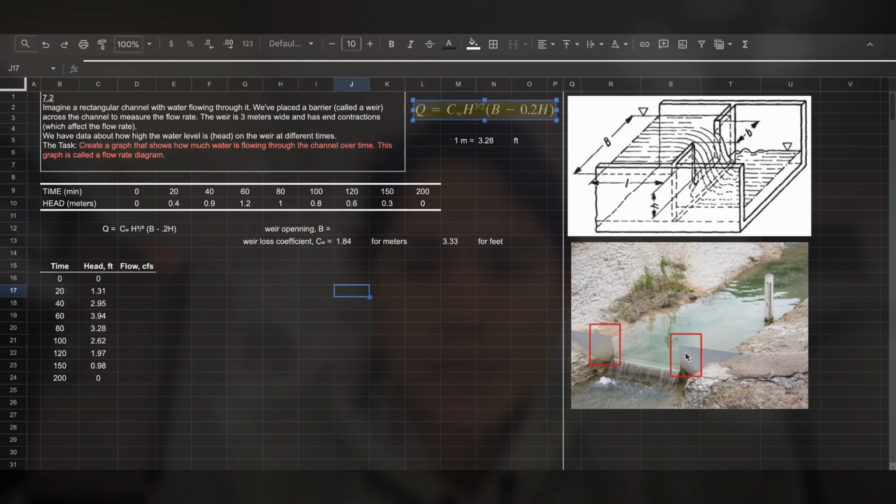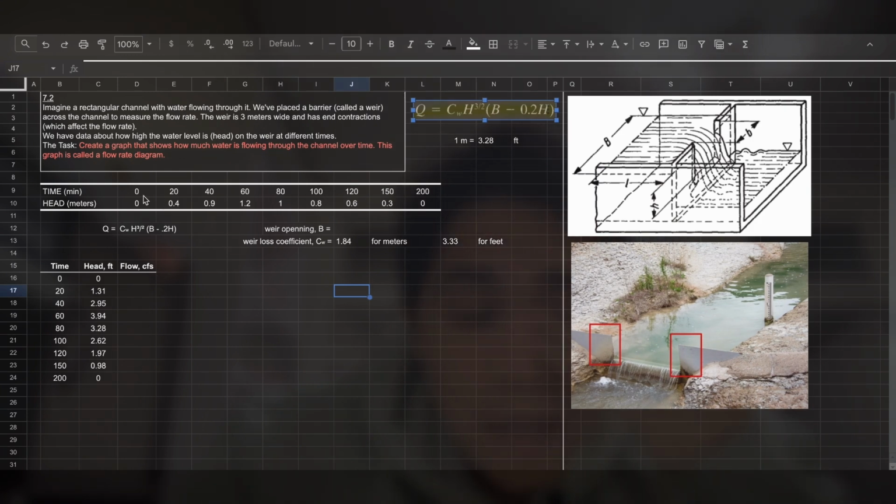There are different types of weirs, and depending on the weir, you might want to use a different equation to solve for the flow of water through that weir. This is one of the main reasons why weirs are used: it makes it easier to measure flow. That said, let's move on to solve the problem.